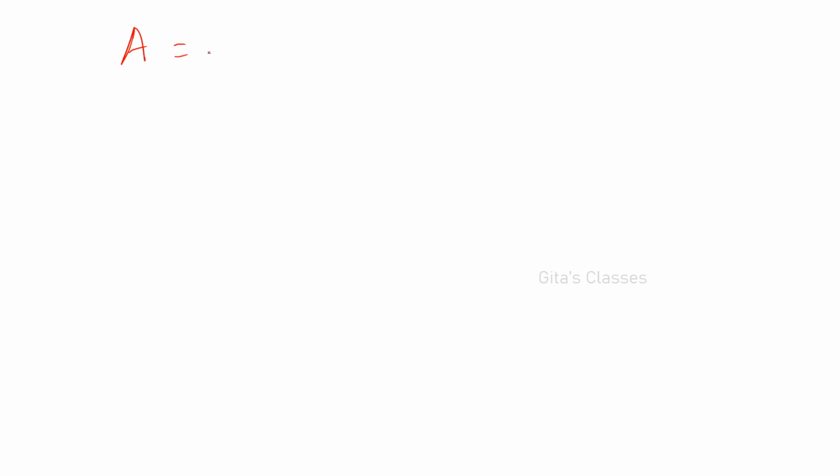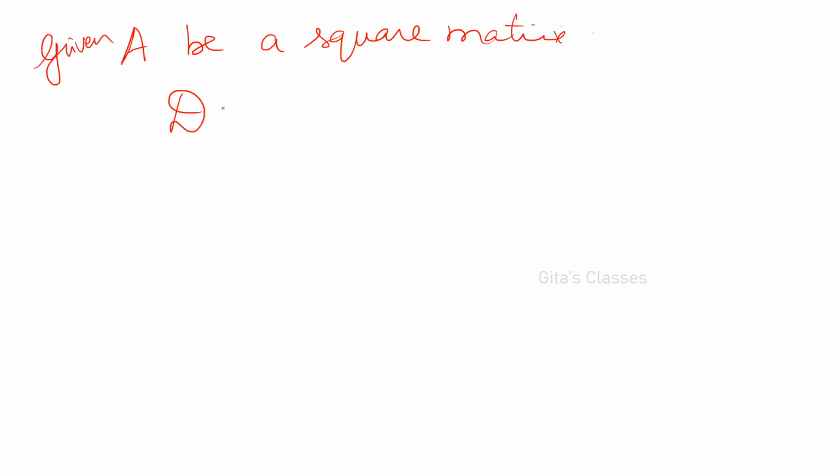Okay, any square matrix A will be given. You can diagonalize it. That means you have to find the matrix P, the modal matrix P, such that D is equal to P inverse A P, right? So you have to find this P.